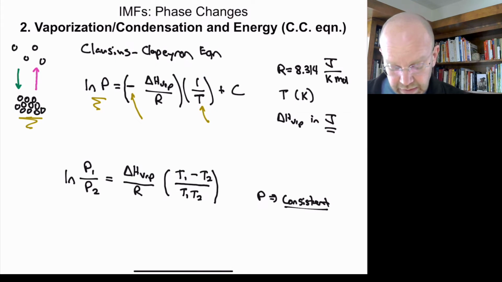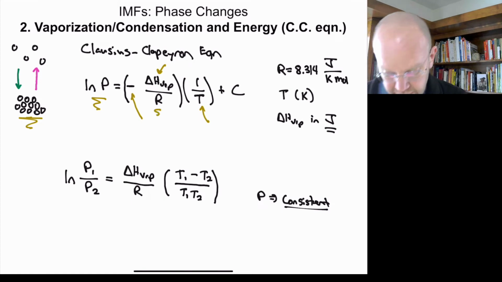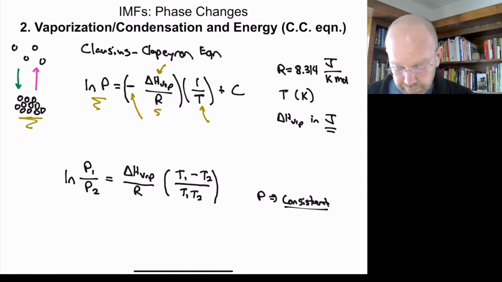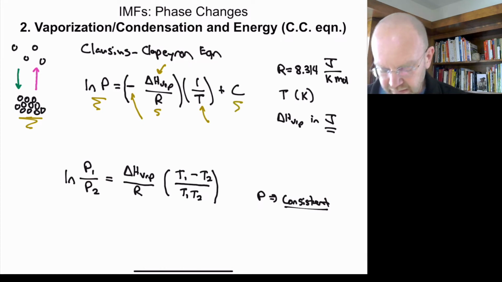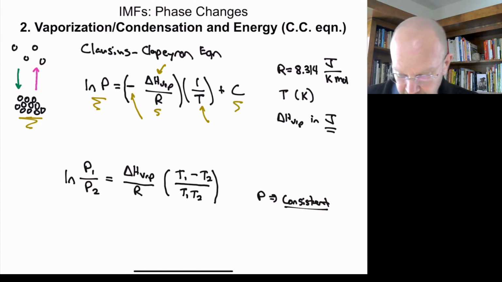And it relates to the energy that's required to vaporize a mole of that atom or molecule. So the heat of vaporization plays in here, as does the gas constant R, right? And so this is the Clausius-Clapeyron equation. We really don't use it very often in this exact form because C is undefined, and C is going to depend on a number of things, including the units of pressure that we decide to use.